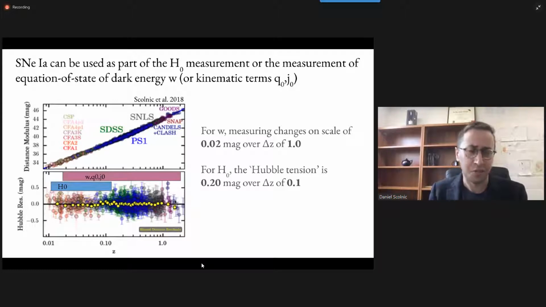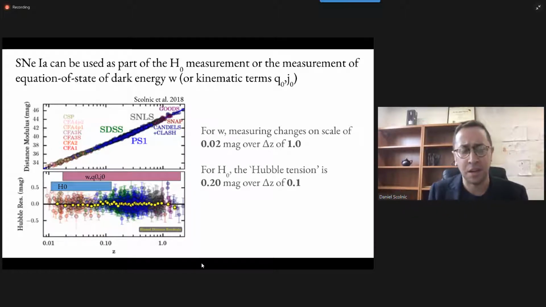Okay, so from a supernova perspective, they can be used to measure the Hubble constant as part of the distance ladder, or they can be used in a Hubble diagram to measure the equation of state of dark energy, which we call w, or kinematic terms of the expansion history of the universe, q naught, j naught.